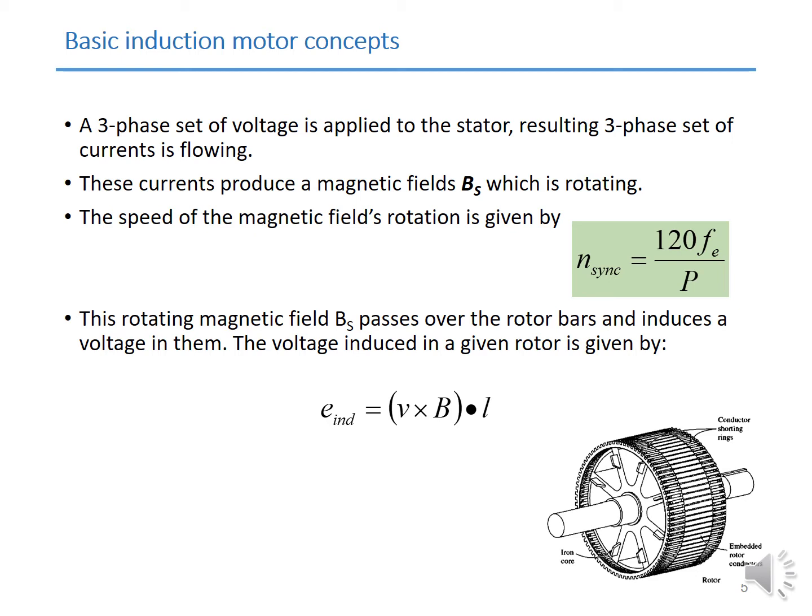Here v is the speed of the bar relative to the magnetic field, B is the magnetic field density, and l is the length of the bar.